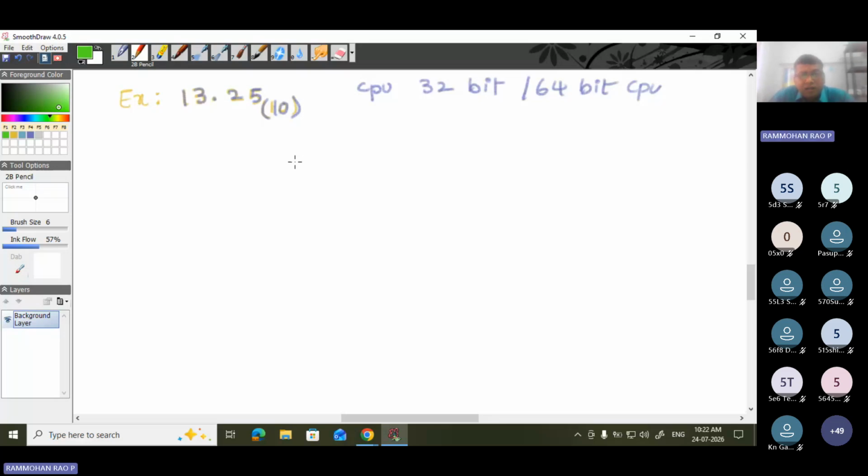Similarly, if I get 32-bit, then how floating point number will be converted into binary form? If my machine is a 64-bit, how floating point number will be converted into binary form? So before I convert a floating point number into binary, I need to know the type of architecture I am using. Is it a 32-bit machine or 64-bit machine?